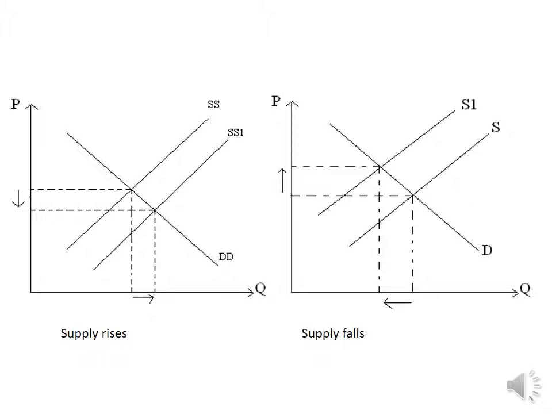So we evaluate certain factors such as cost of production. You must remember the examples of cost components of suppliers, as well as the number of suppliers, technology and productivity. The shifting part is actually quite straightforward, but you must remember the factors that cause the demand or supply curve to shift.